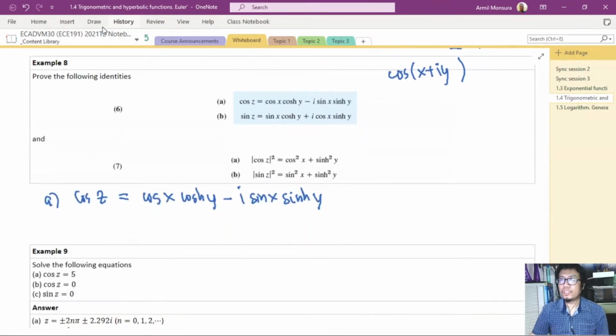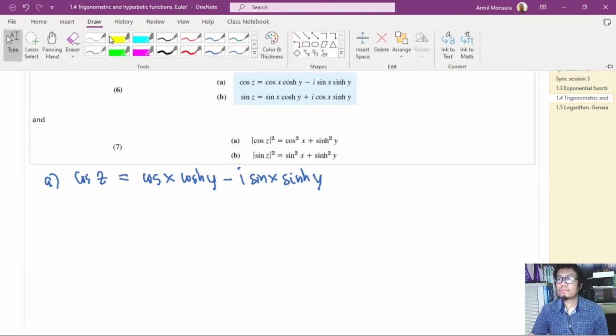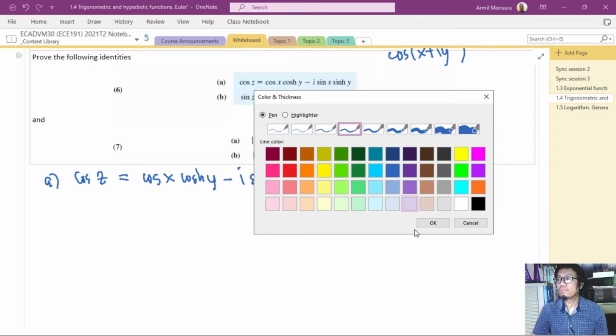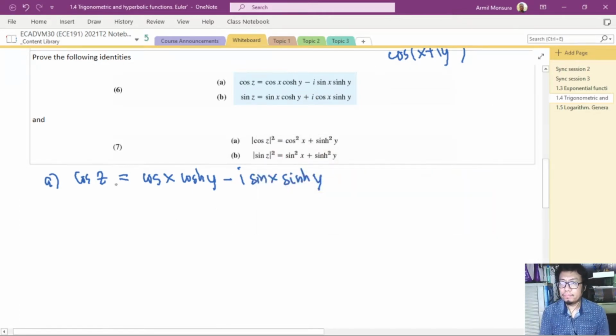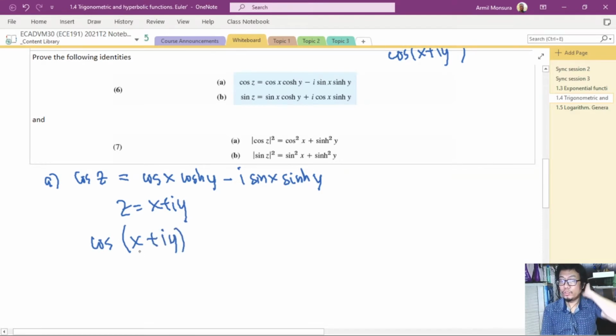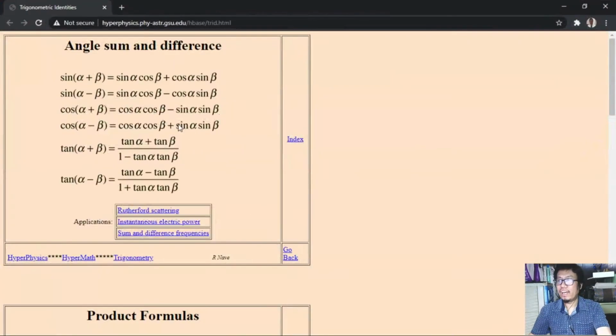So we start with letting z equals x plus iy, and so we will have cosine of x plus iy, which, when we use the sum of angles identity for cosine, you might want to review the trigonometric identities for sum and differences of angles.